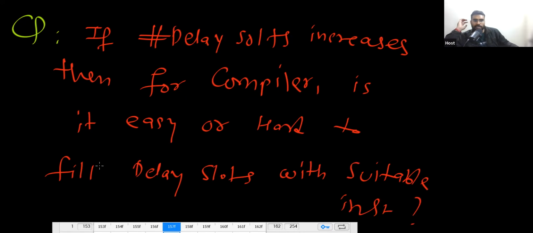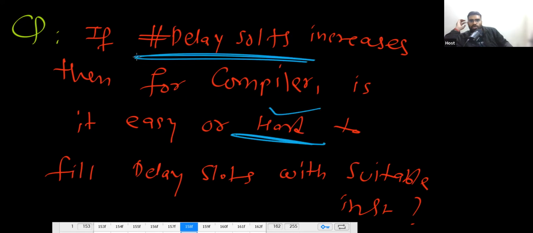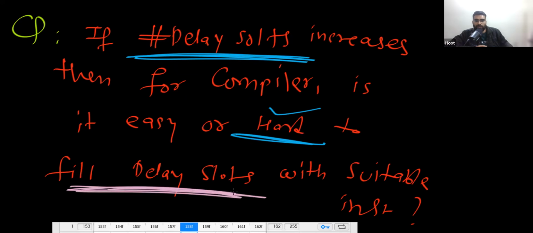The answer is harder. If the delay slots increase, you need more instructions to fill them. Let's assume there are 3 delay slots, then the compiler needs to find 3 suitable instructions to fill those delay slots. That is very hard.